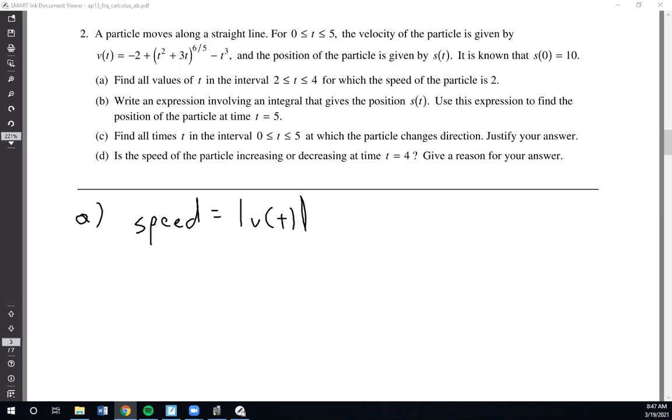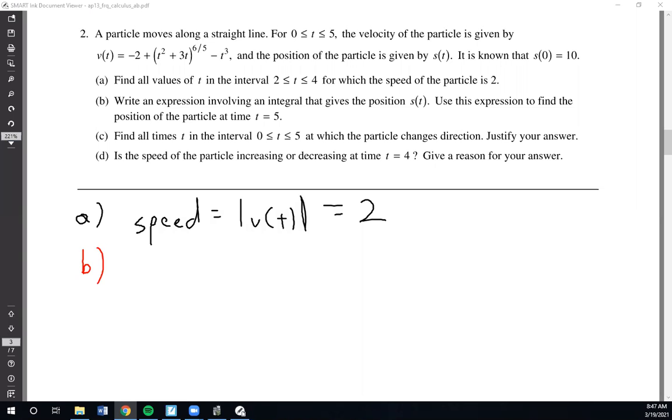So because speed is absolute value of velocity, then we need to know when that function equals 2. That's what we need to know. And then we're going to have the calculator do the rest. And I'll show that in just a minute.